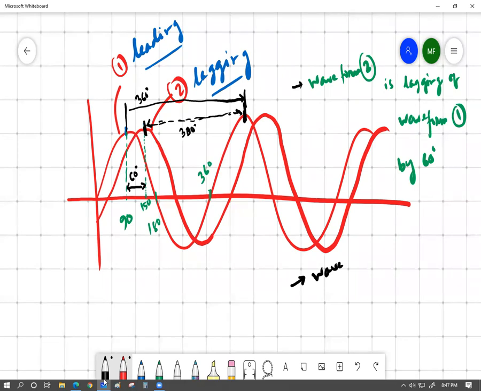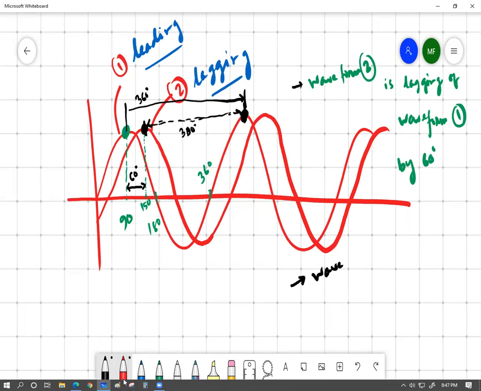Do you understand what I'm saying? Again, if I compare between this crest and this crest, which one is on the right? Waveform 2 is on the right. So for that case, waveform 2 is lagging. But if I want to consider this one and this one, for this comparison, which is on the right? Waveform 1 is on the right. Am I correct? Yes, sir.